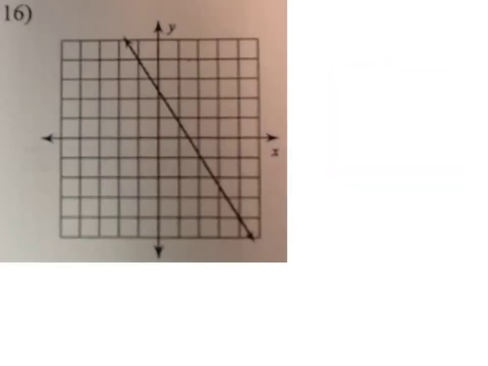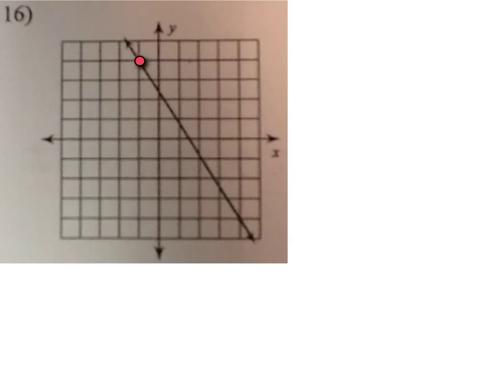Now we're going to do number 16. This line has negative slope. It goes down to the right. My points are going to be (-1, 4) and (4, -4). This time I am going to start with the higher point so that I can count down to the right, the direction of the slope.